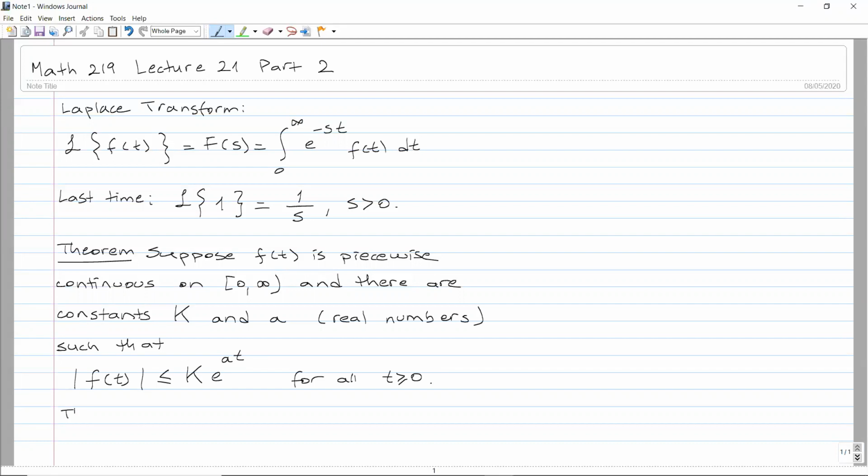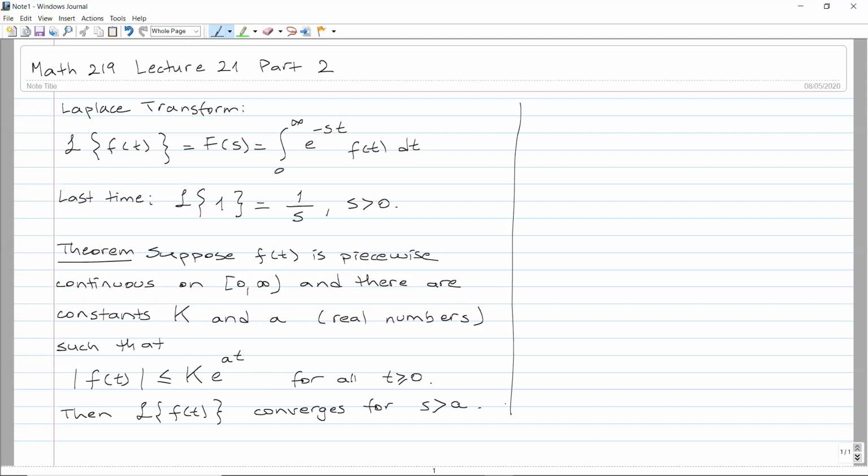Then the Laplace transform of the function exists. That means the improper integral converges for s greater than this number a. You see, the improper integral is going to be convergent for some values of s and divergent for some other values.